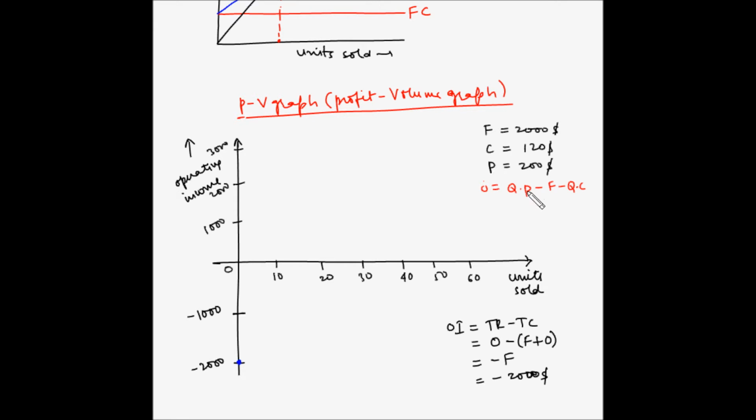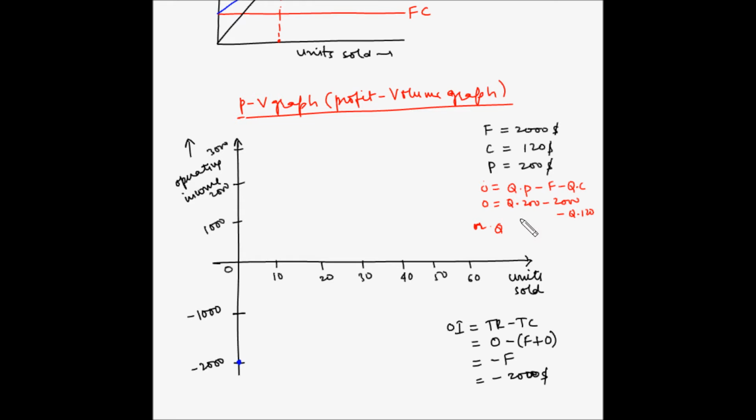So let's now substitute these values in this equation. So 0 is equal to Q, which we want to find out, multiplied by P, which is 200, minus 2000, minus Q multiplied by C, which is 120. Let's bring the terms with Q on one side and the numbers on the other side. So 2000 comes on the other side, it becomes positive.